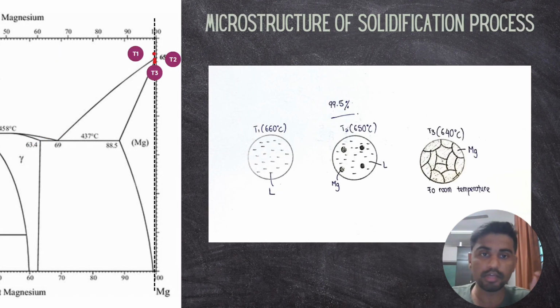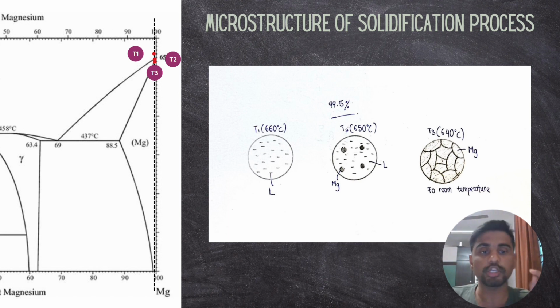Once the phase completes, it proceeds to cooling to room temperature. So this is the microstructure of the solidification process for 99.5% magnesium aluminum alloy. Firstly, the microstructure is completely liquid at 660 degrees. Then at 650 degrees the magnesium particles start to solidify, just a slight difference in temperature.